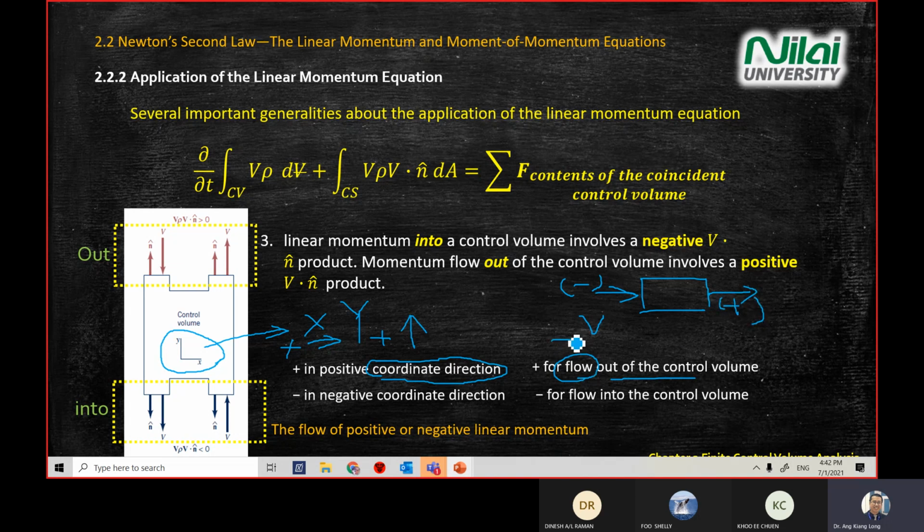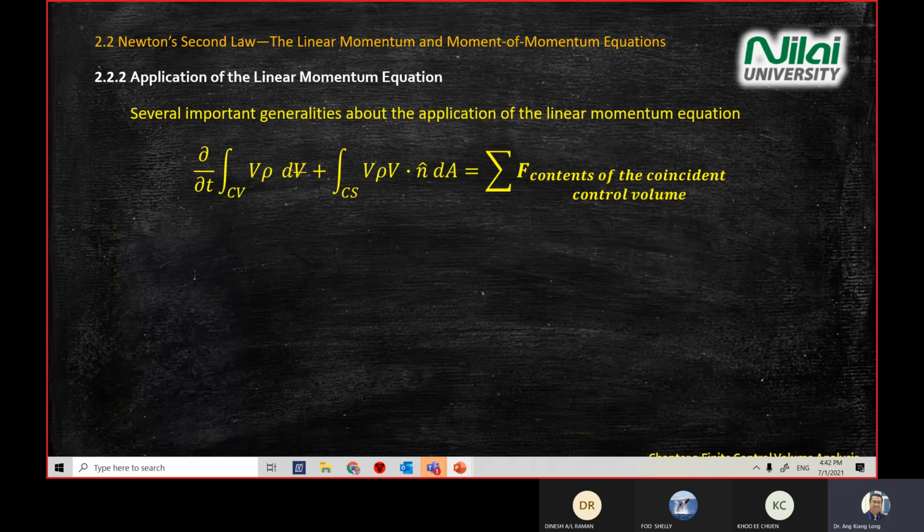So you have 2 important entities here: one is flow, and one is coordinate direction, which is linked with the coordinates here. So take some time to digest what is happening on this diagram and how it affects your control surface dimensions or the calculation for this component, because this is the component that links with your vector.